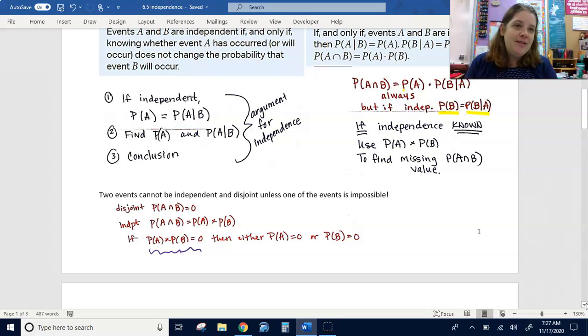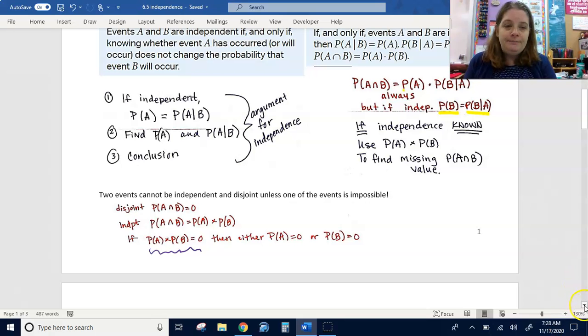The only way that could happen is if P(A) is equal to 0 or P(B) is equal to 0, meaning one of the events is impossible. So most of the time, unless you have an event that cannot occur, they can't be disjoint and independent. It's usually one or the other or neither.